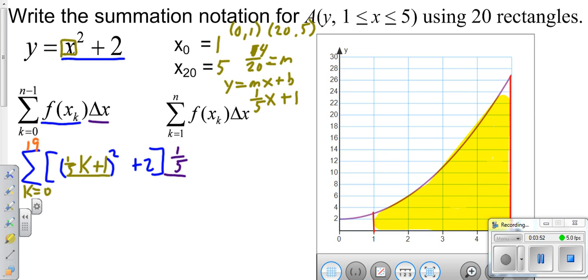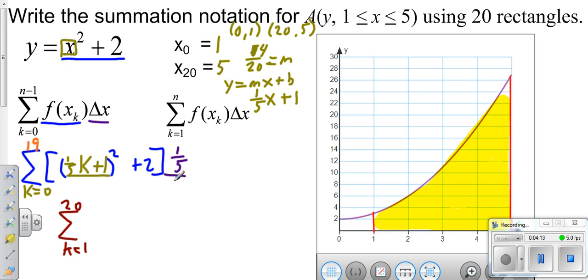Now, that's for your left endpoint. This is for your right endpoint. It's no different other than your 2 indices change. So for your right endpoint, you're going to start out with k being 1, go up to the number of rectangles, which is 20.